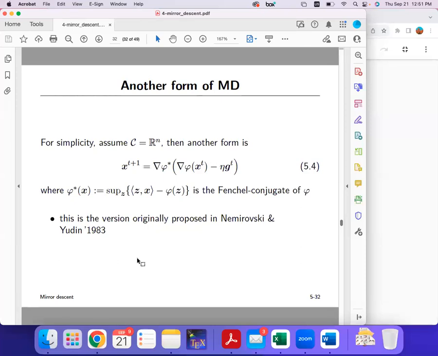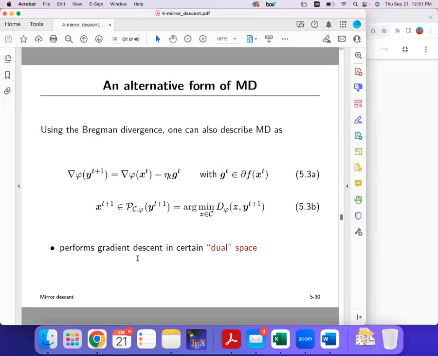Okay. So this form is very hard to understand in an intuitive way. But when this algorithm was originally developed in the 1980s, this is the original form, which looks very complicated.